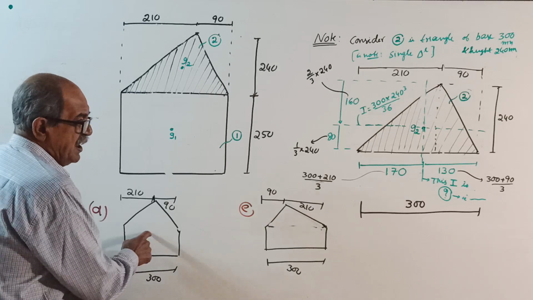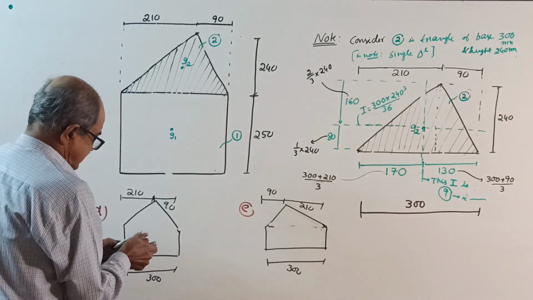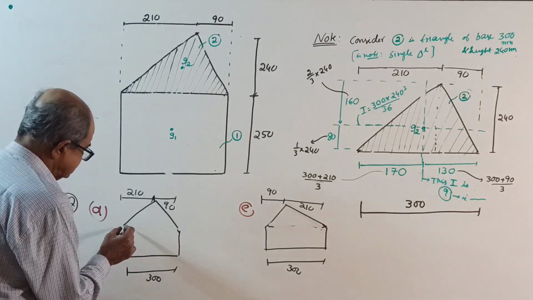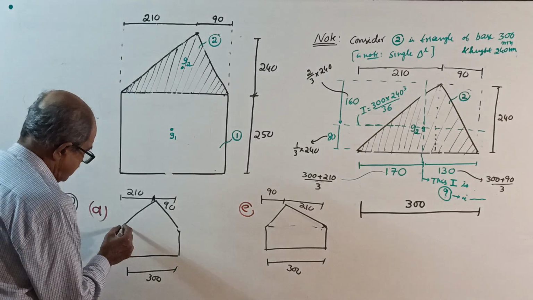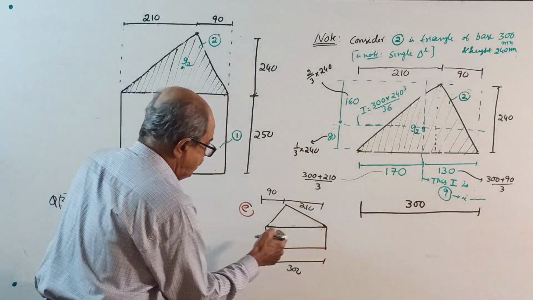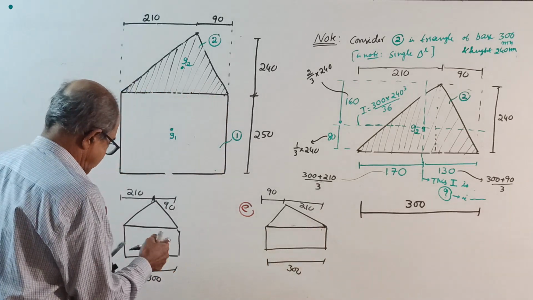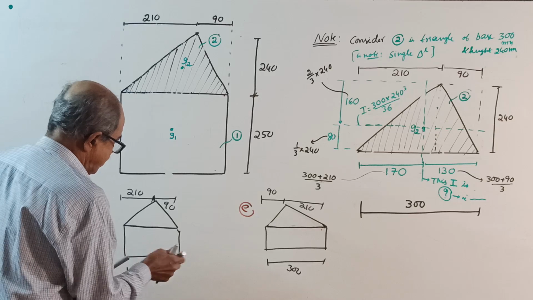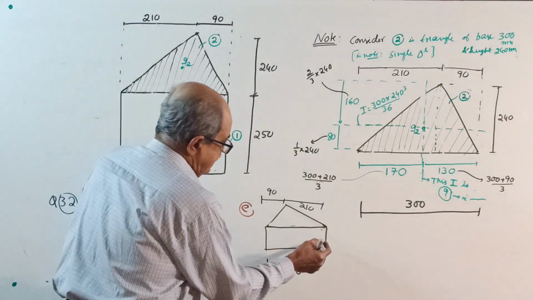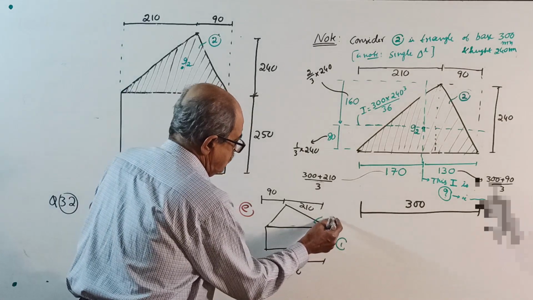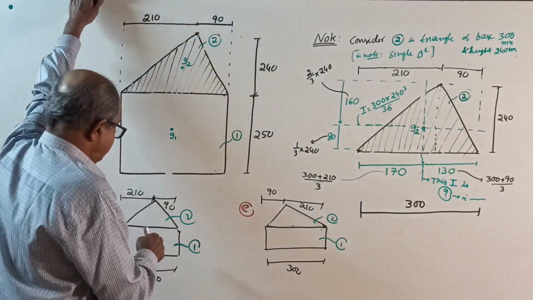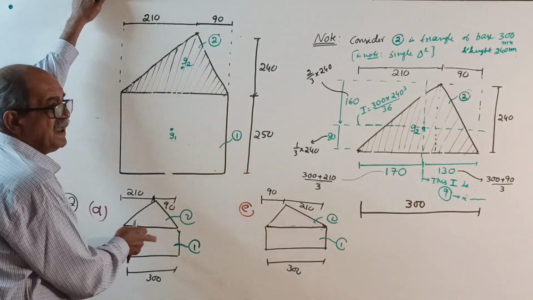See, here. Make a note. First you write these two sketches. Then write first. If you divide into two parts like this, for both the cases, you write this is part 1 and part 2. Part 1 and part 2. Here also, part 1 and part 2. Then, one of them is a rectangle.